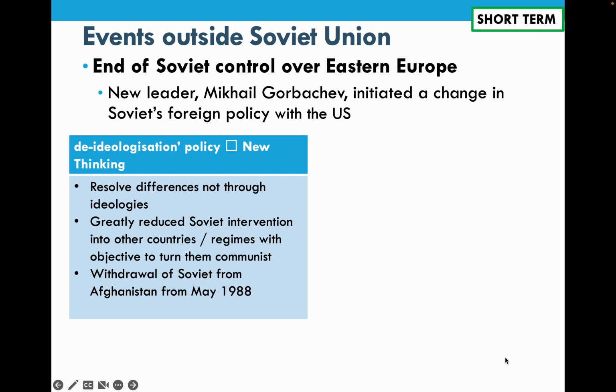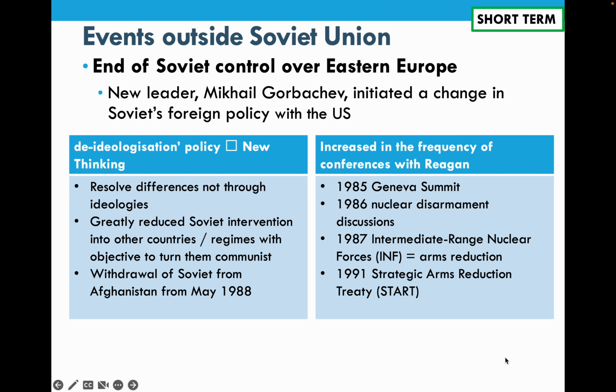He also believed that the Eastern European states should be allowed to handle their political affairs without Soviet interference. That's why he decided to withdraw the Soviet troops from Afghanistan from May 1988. At the same time, he also increased the frequency of conferences with Reagan. So you realize on the screen that they have met a couple of times.